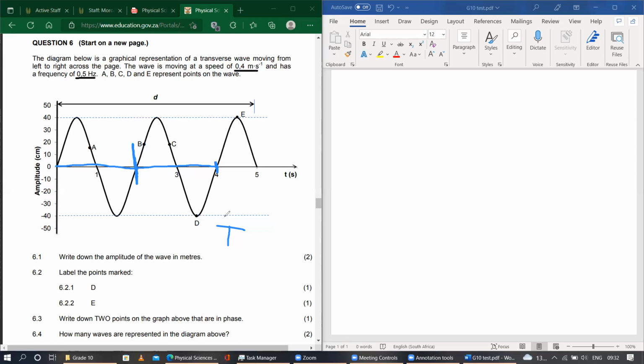Then they say write down the amplitude of the wave in meters. So the amplitude is the highest point on the wave. So here it's 40 centimeters. To convert from centimeters to meters, you just divide by 100.